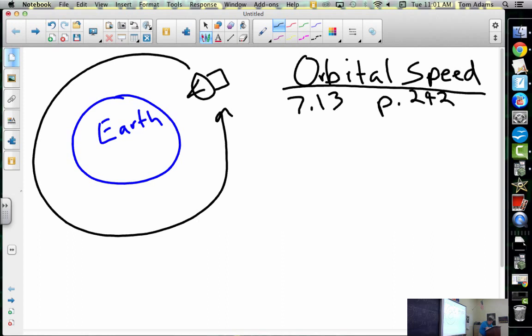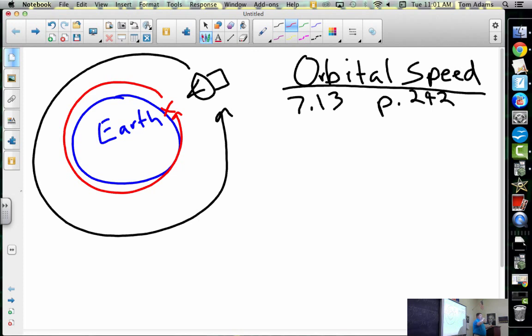So what they're saying is that as the Earth rotates, we'll put an X marks the spot on Earth. How long does it take for the Earth to make one full rotation?